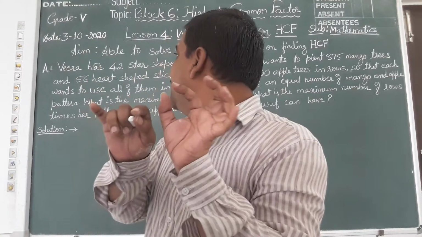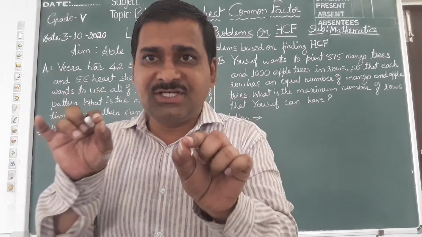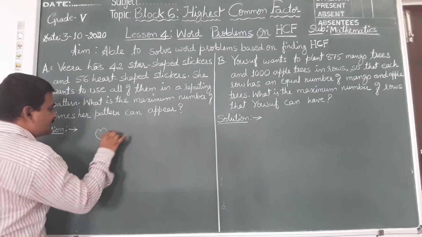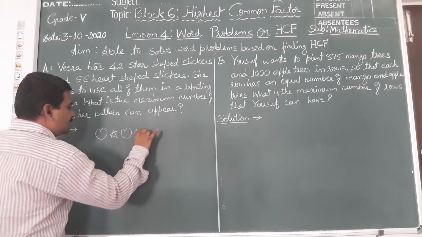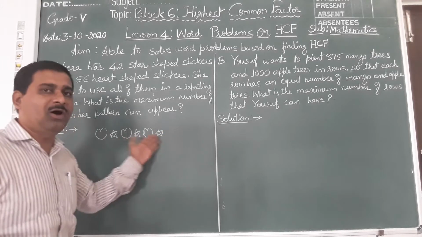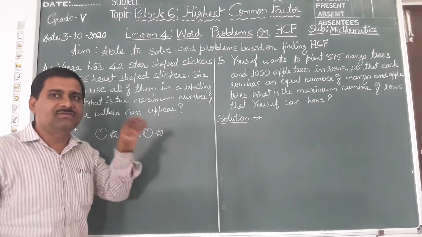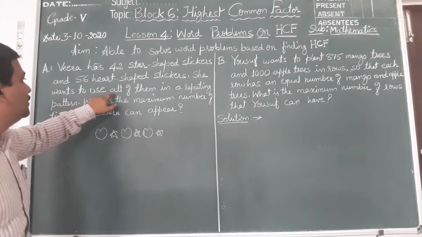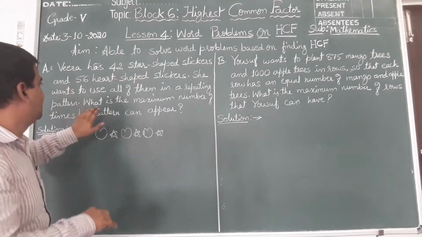Means one heart shape, one star shape, and so on. Like this, she wants to stick them on a cloth, heart, star. She wants to stick them on a paper. She wants to use all of them, 42 and 56.